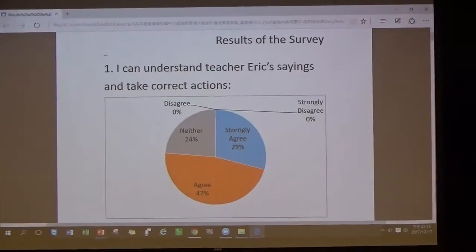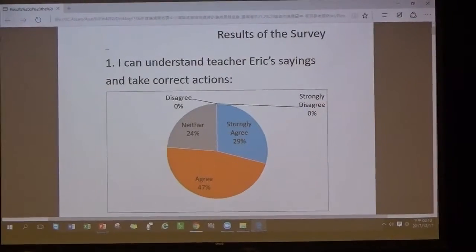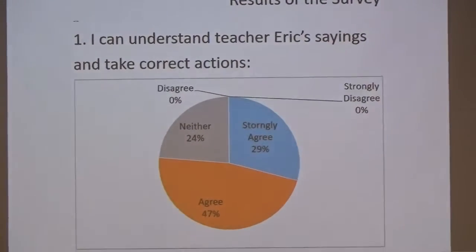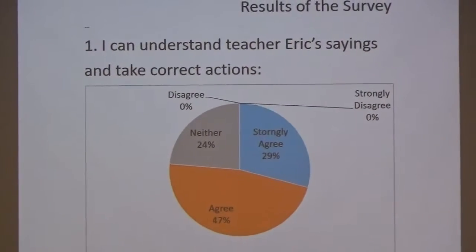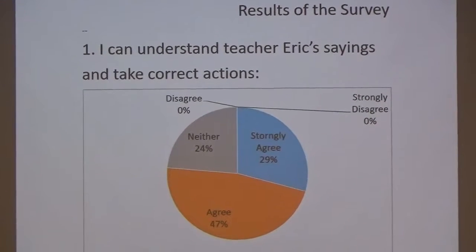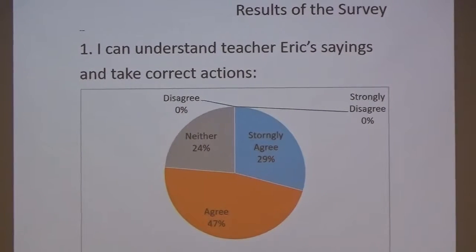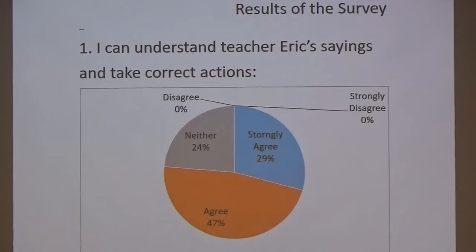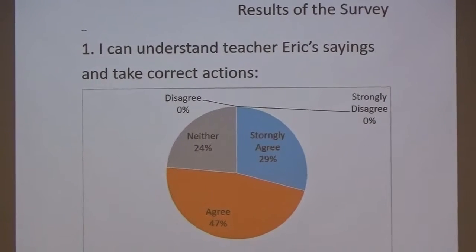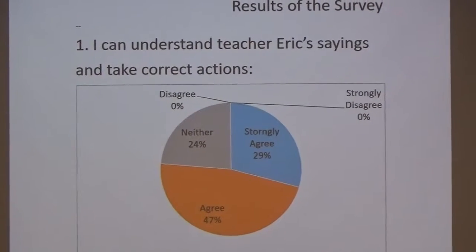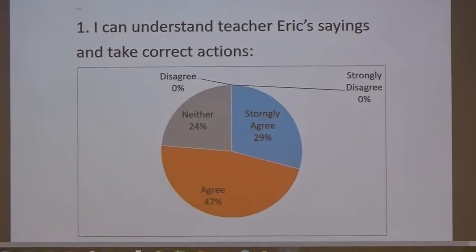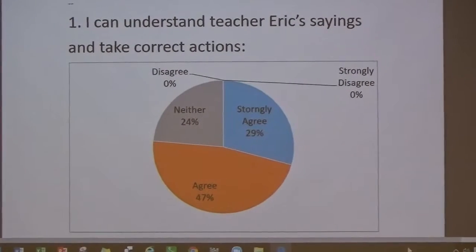Okay, I asked 20 questions and made my students do the survey. Yeah, as you can see, many agree that they can understand what Teacher Eric said, and they take correct actions. But I think maybe because they are ninth graders, they know more phrases and words.